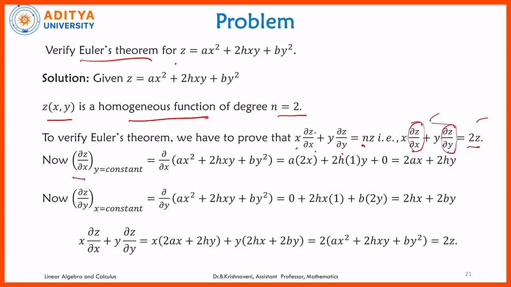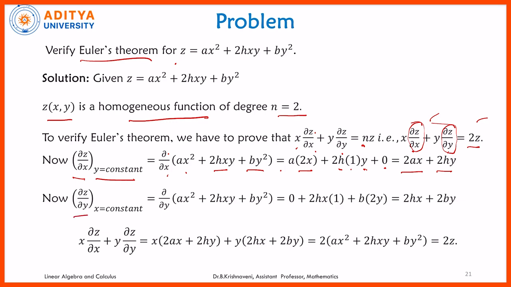First find ∂z/∂x keeping y constant, that is ∂/∂x of (ax² + 2hxy + by²), which is equal to a into 2x plus 2h into 1 into y, y is constant, plus by² is constant, derivative is 0, which is equal to 2ax + 2hy.